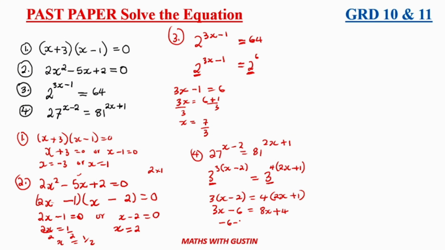When 4 comes to this side, it is going to be negative 4. 3x goes that side, it is going to be 8x minus 3x. Therefore, ultimately, on the other side we are going to have 5x. Therefore, this side we are going to have negative 10. So we are looking for x, divided by 5, divided by 5. Therefore, x is going to be equals to negative 2.